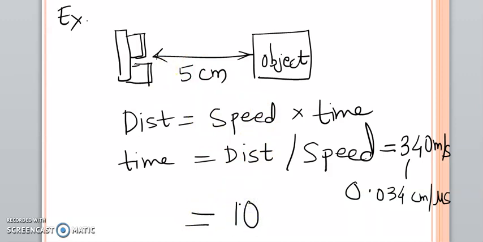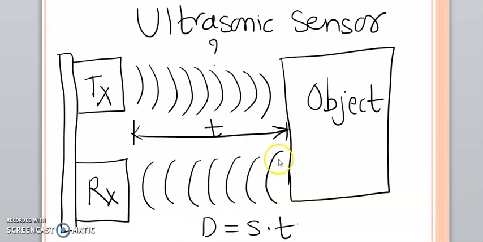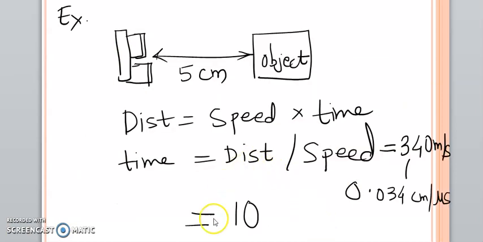The reason for taking this distance as 10 is that the ultrasonic wave is transmitted by the transmitter and reflected back to the receiver. So it is going forward and backward, so the distance is doubled. So 5 centimeter is taken as 10 centimeter.